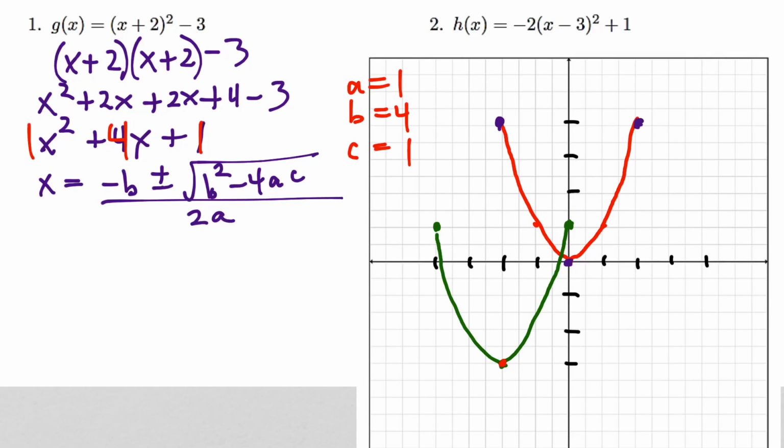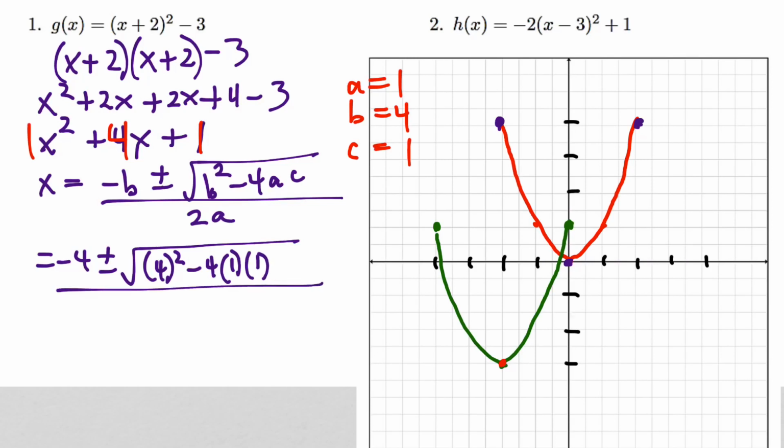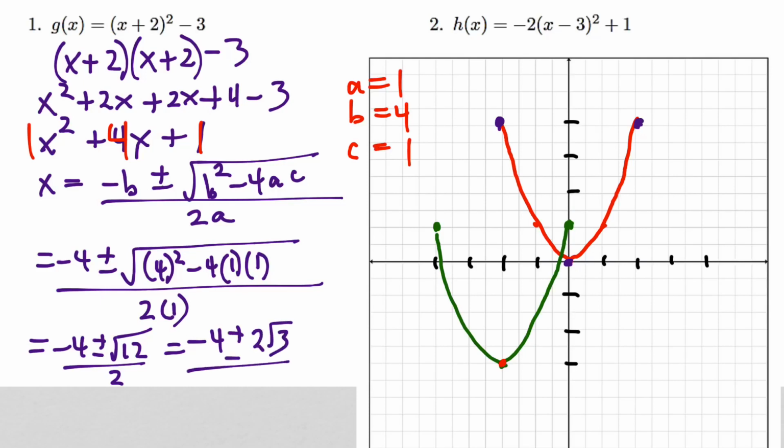Now we're going to substitute. So our x's are going to equal -4 plus or minus the square root of b squared minus 4 times a times c divided by 2 times a. So that's -4 plus or minus, so that's 16 minus 4, that's 12, divided by 2, which is equal to -4 plus or minus 2 root 3 over 2, which is equal to -2 plus or minus root 3.